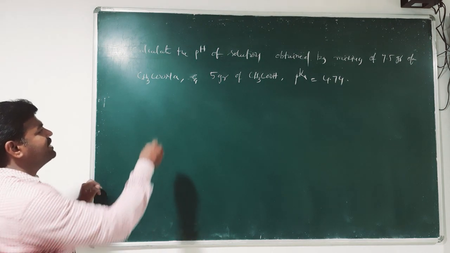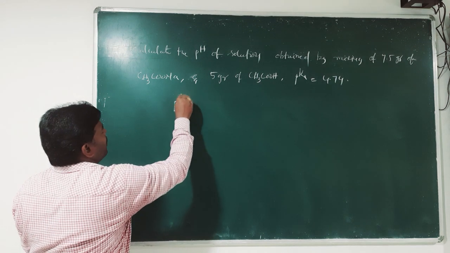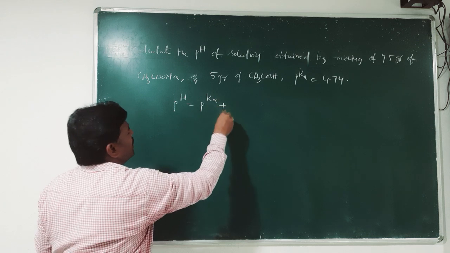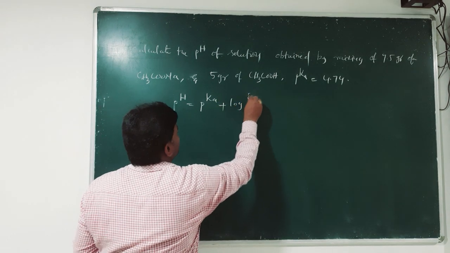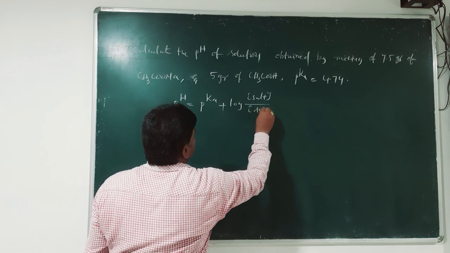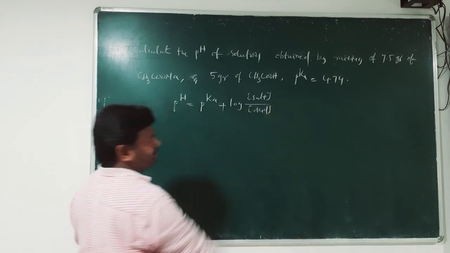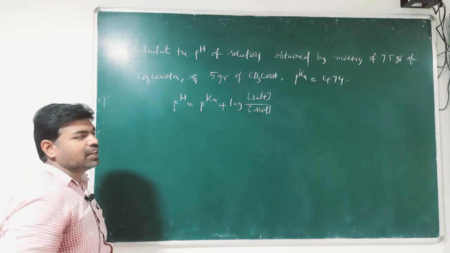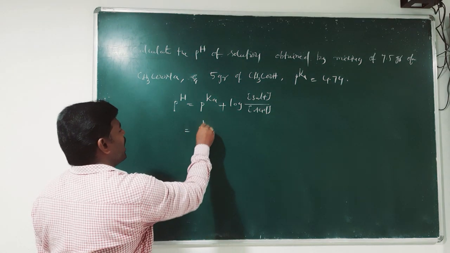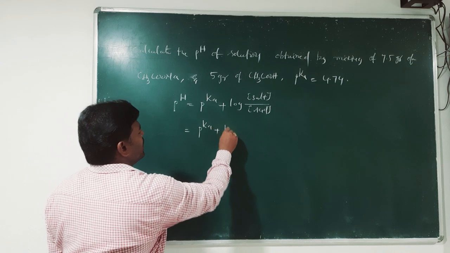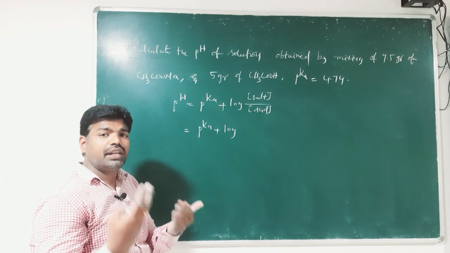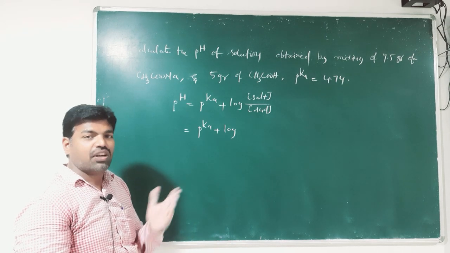So for an acidic buffer, pH is equal to pKa plus log concentration of salt by concentration of acid. Now we can write this formula as pKa plus log of the number of moles of salt.